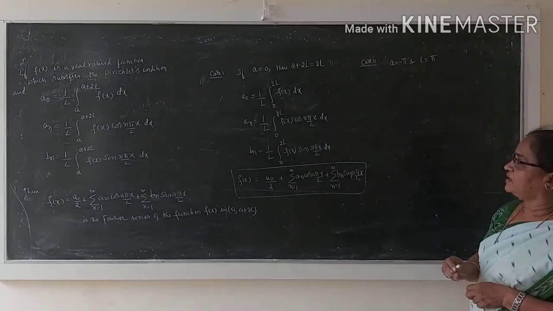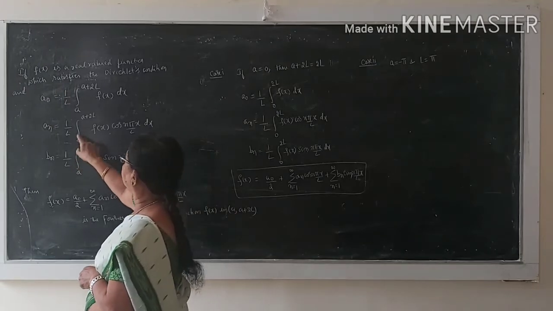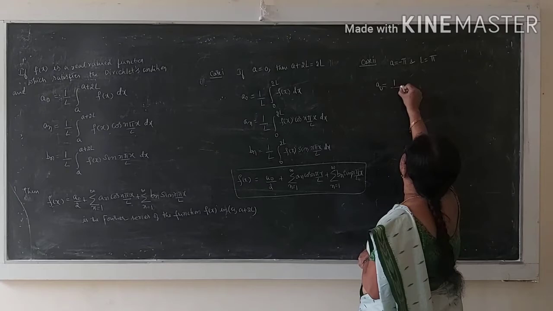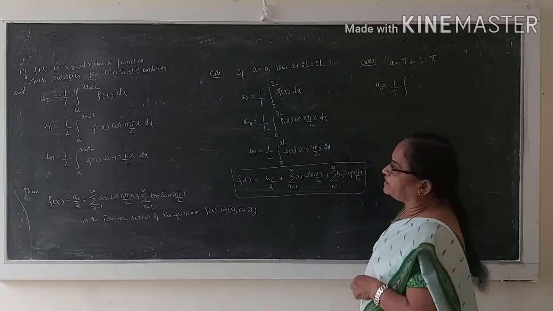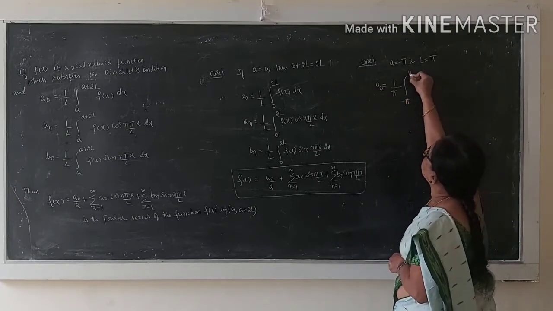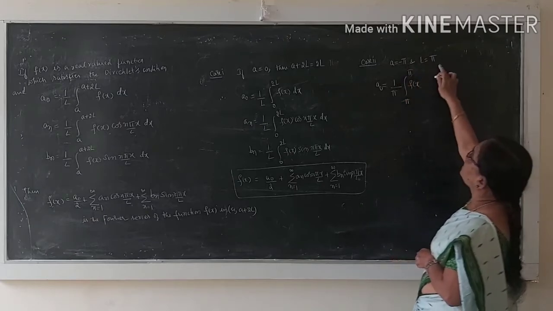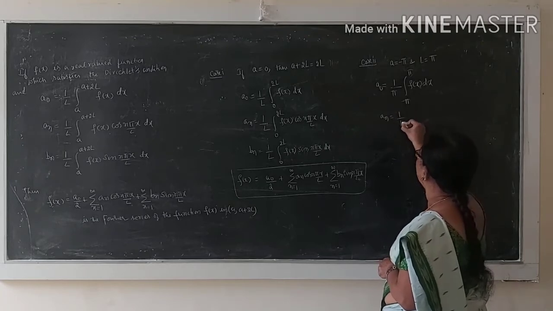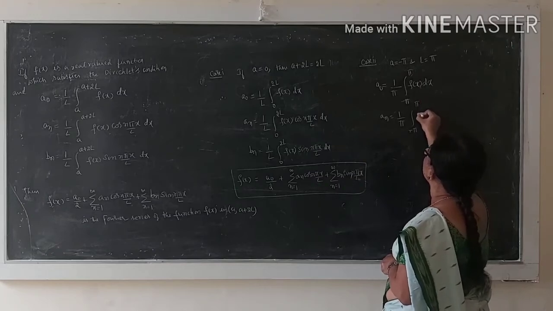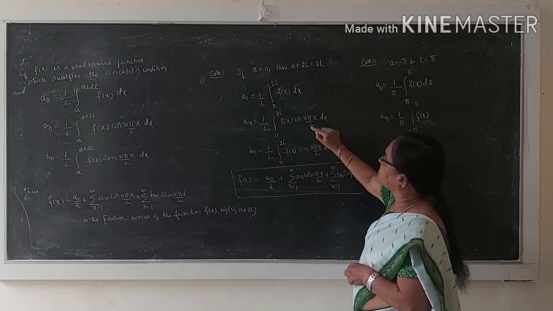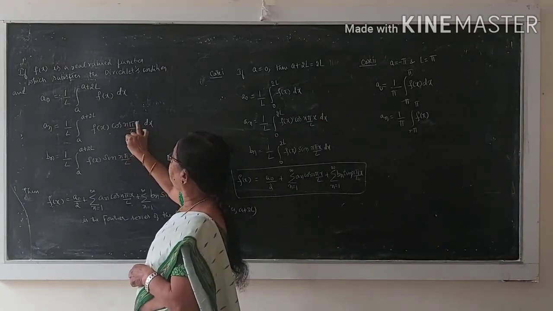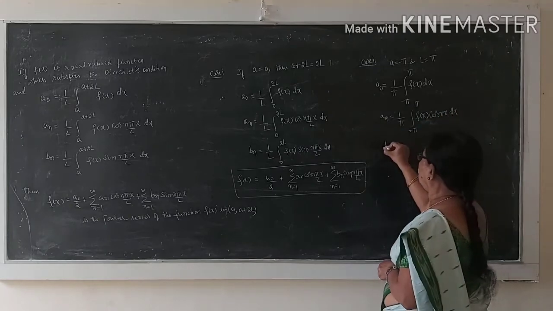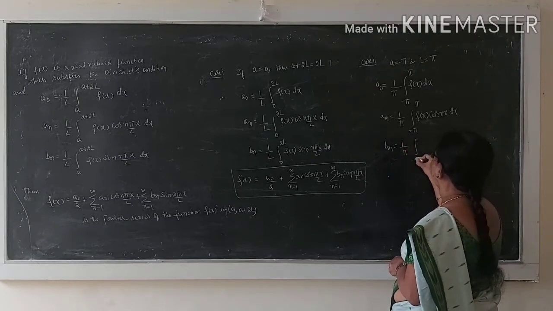If I substitute minus π in place of a, and π in place of L, what happens? a0 is equal to 1 by π integral from minus π to π of f(x) dx, since a plus 2L is minus π plus 2π, which is π. an is equal to 1 by π integral from minus π to π of f(x) cos(nx) dx, because in nπx/L, substituting π for L, the π goes with the π. And bn is equal to 1 by π integral from minus π to π of f(x) sin(nx) dx.